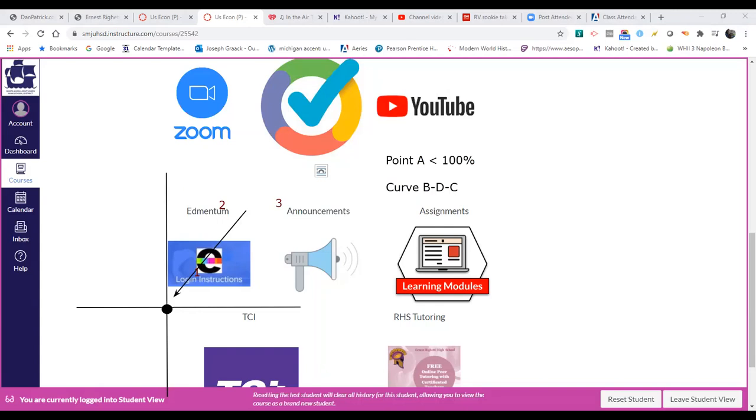If you've got 2 choices, greater than 100% or equal to 100%, area 2 would be equal to 100%.